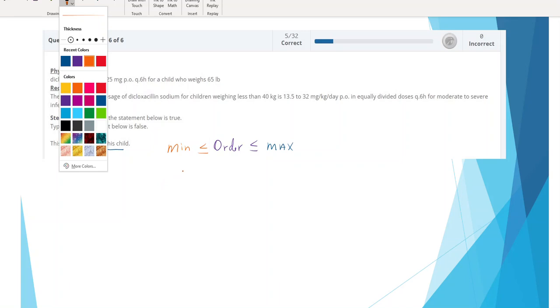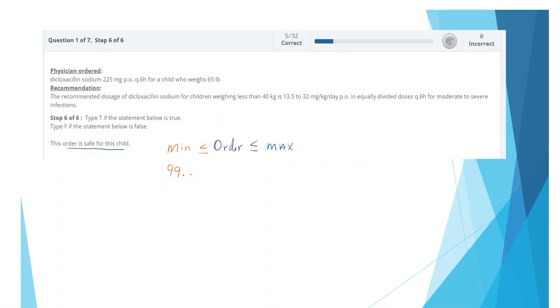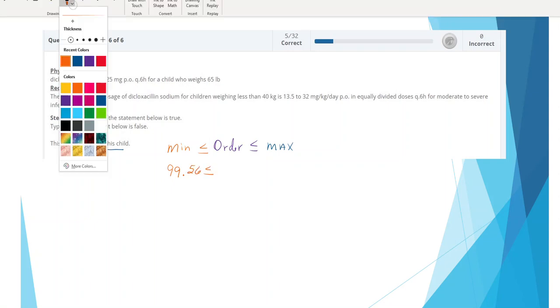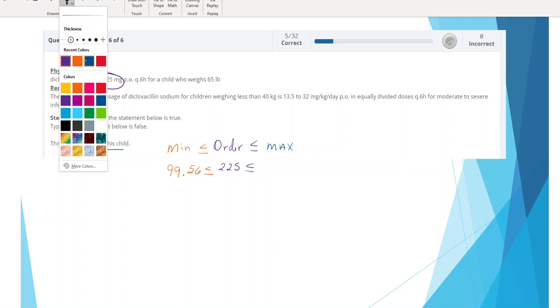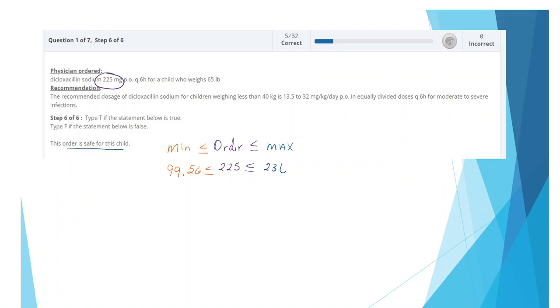So remember, the minimum was 99.56. Is that less than or equal to my order, which is 225? Yes, it's less than. But is the order less than or equal to my maximum? My maximum was 236. So yes, 225 is less than the maximum. So then it's true.